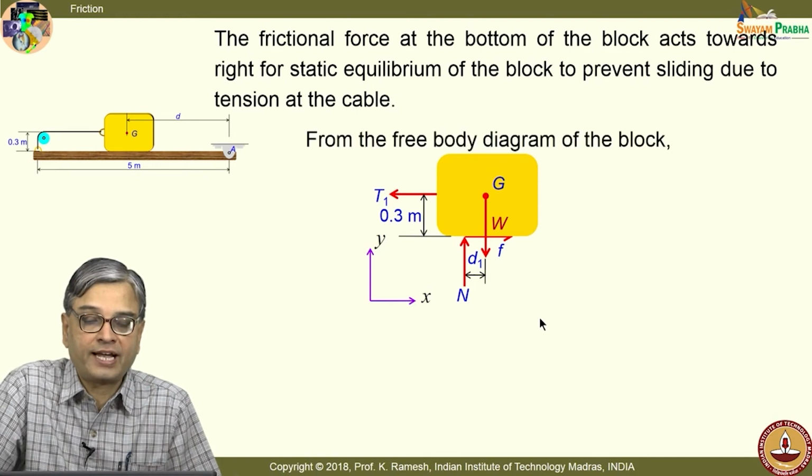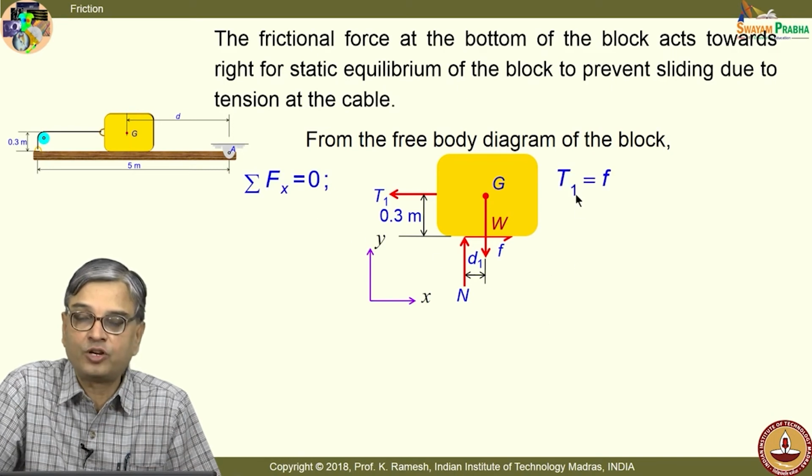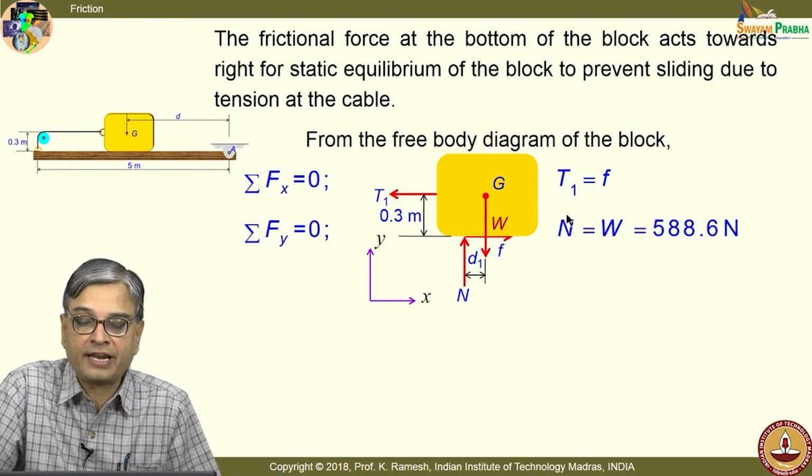So, from the free body diagram of the block, I get Fx equal to 0, that gives me T1 equal to F. Fy equal to 0, that gives me the normal reaction equal to weight of the block, that is given as 588.6 newtons.